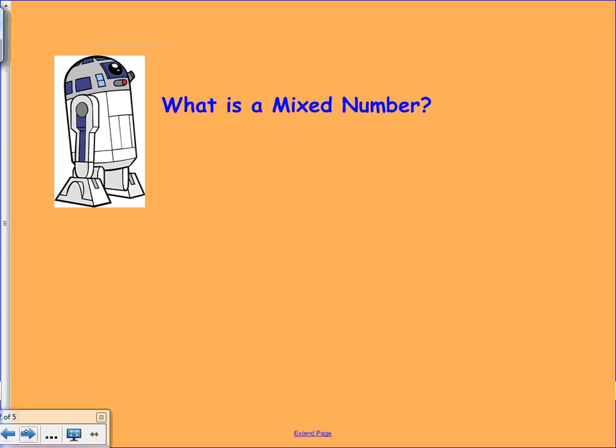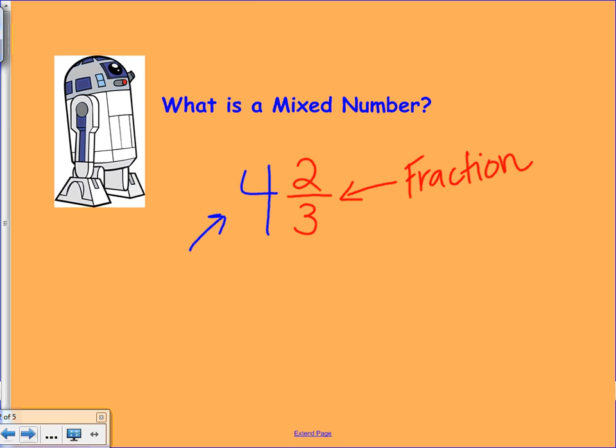First, let's talk about what a mixed number is. A mixed number is a whole number, such as 4, with a fraction mixed in. So the fraction could be this, 2/3. Now that's pretty self-explanatory. The red would be what? What is it, class? Good, it's a fraction. Now on the other end, the blue represents what?